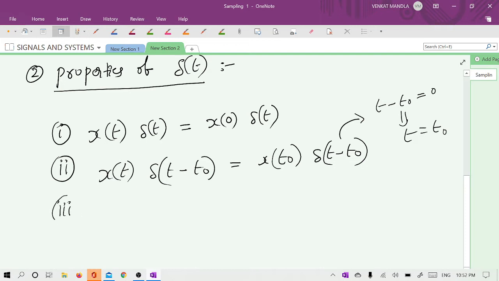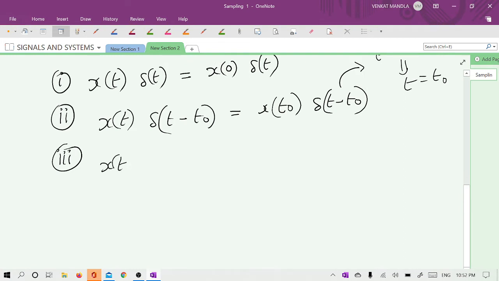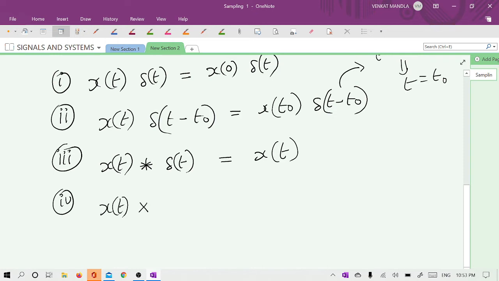Next, x of t convolution with del of t, I will get x of t. x of t convolution with del of t minus t naught gives x of t minus t naught.